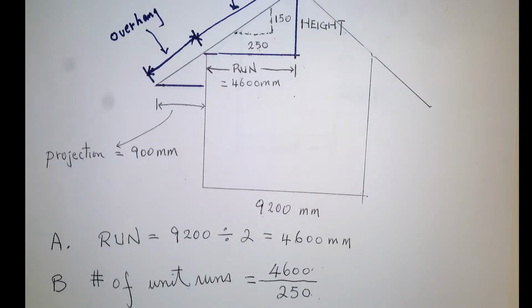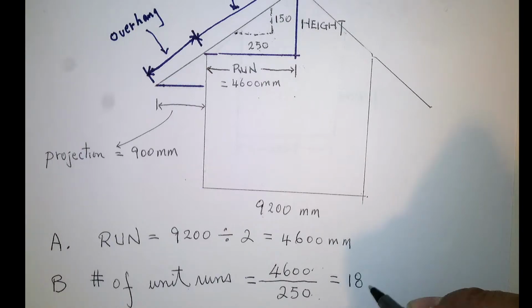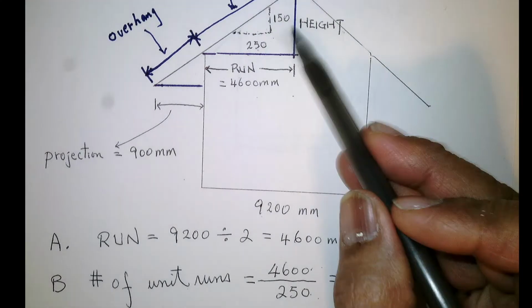Okay, so now I'm double checking. I know the answer is, let me see, 18.4. 4,600 divided by 250, and that's 18.4, which means 18.4 times as much.